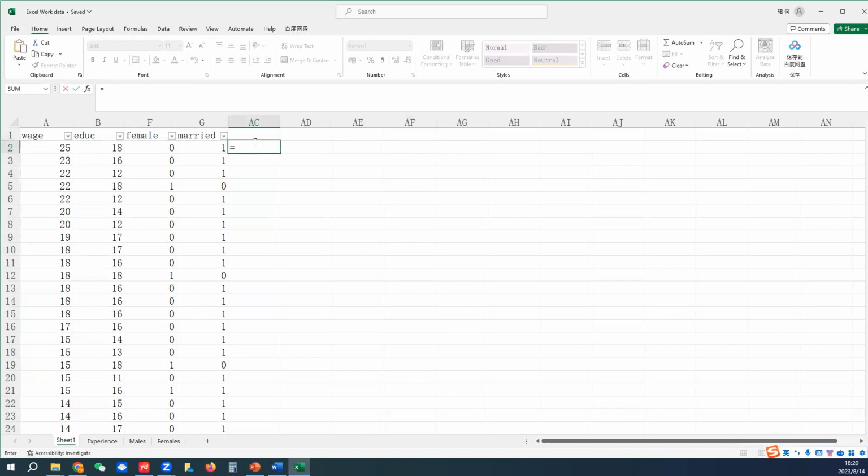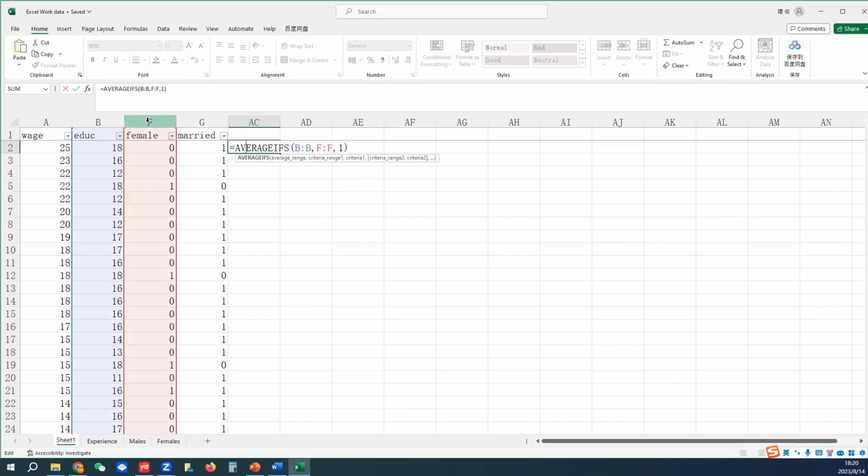Say equal to AVERAGEIFS, column B, that's what B2:B means, column B, column F, 1. What does this mean? The average range is B2:B, so you're taking the average of the B range in general, but then we are applying a criteria.